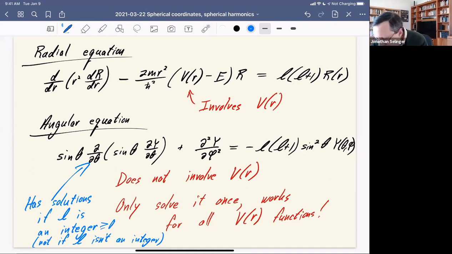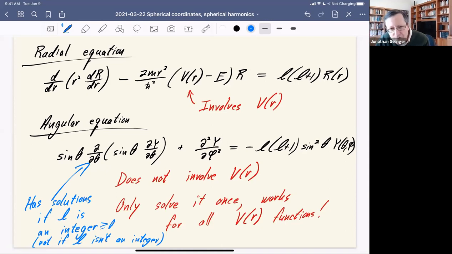So the product L times L plus 1 could be 0 times 1, that's 0, or 1 times 2, that's 2, or 2 times 3, that's 6, right? So there are certain special values that can go here where this is a solvable equation.